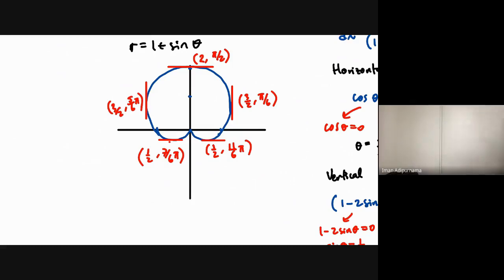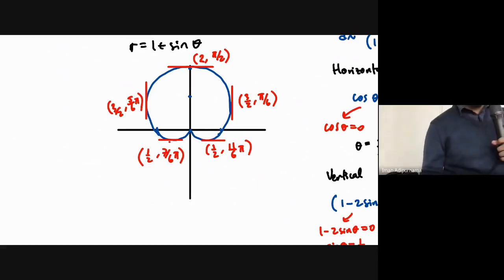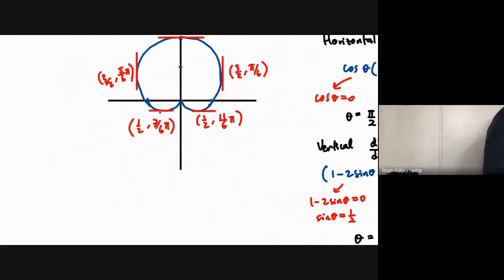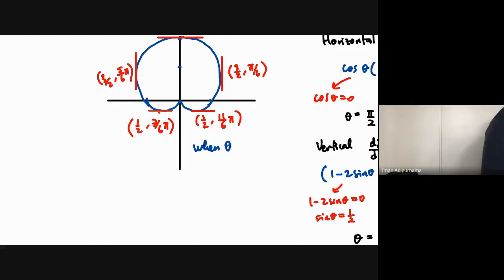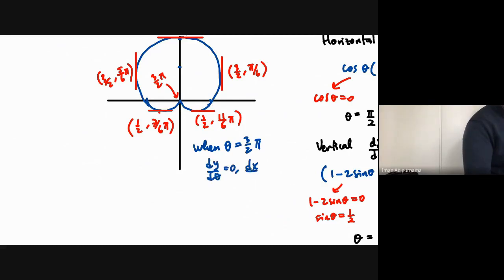Let me give you the notes. So when theta is equal to 3 over 2 pi, it is here. When theta is 3 over 2 pi, dy over d theta is 0, and dx over d theta is also 0.